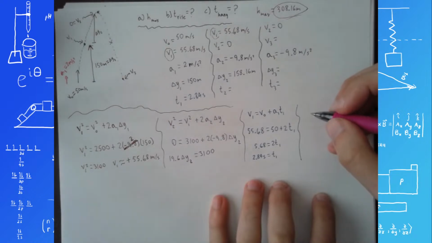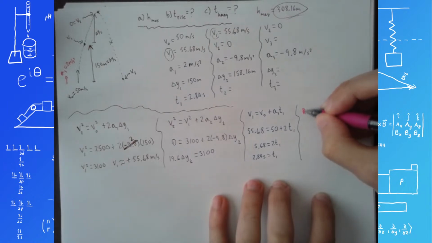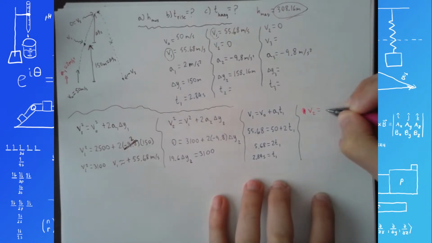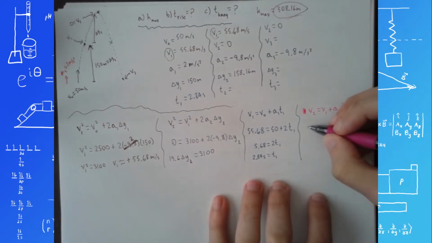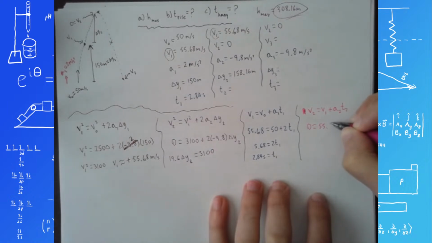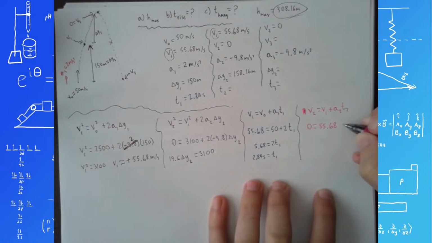So for phase 2, let me write it out first. We've got v2 equals v1 plus acceleration of phase 2 times time of phase 2. That's going to be 0 equals 55.68 plus negative 9.8 times t2.